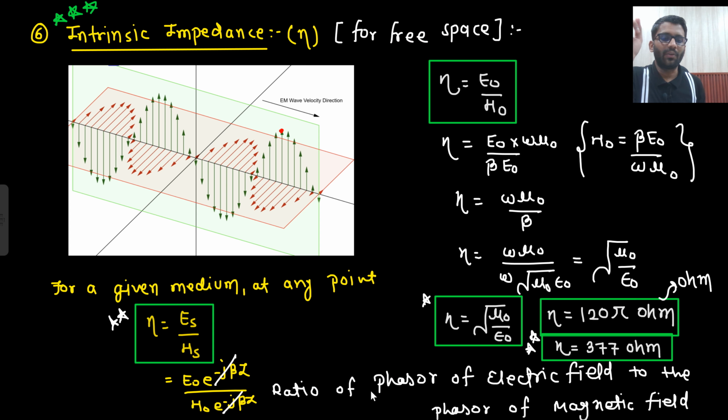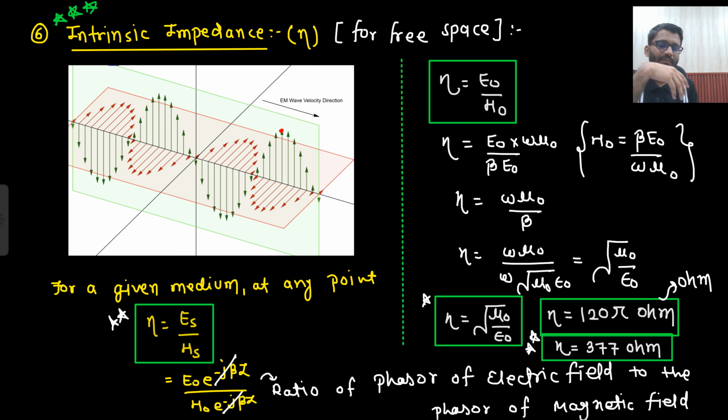Then we introduced a new term known as intrinsic impedance, eta equals Es by Hs. It is not the ratio of their magnitudes, it is the ratio of their phasor representations: the phasor of the electric field to the phasor of the magnetic field. Luckily, in this case it comes out to be E naught by H naught, because both were in the same phase.